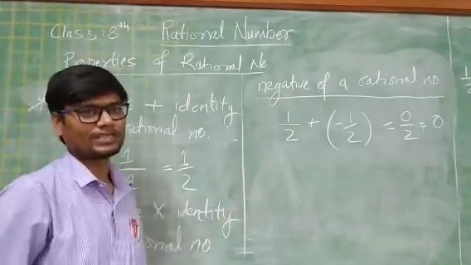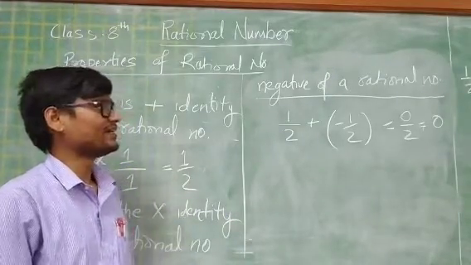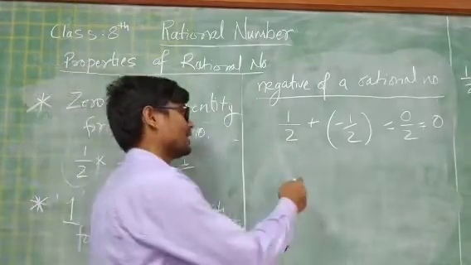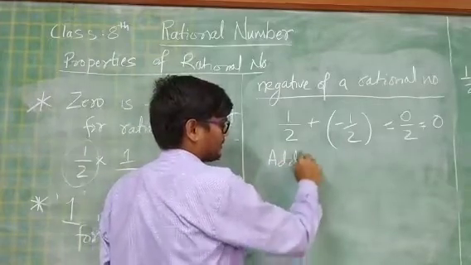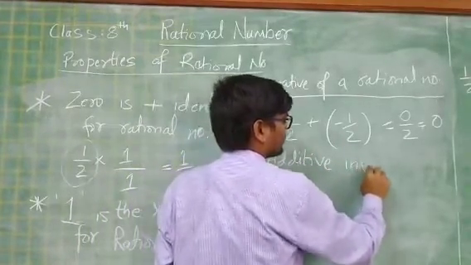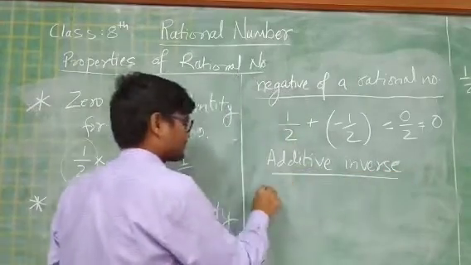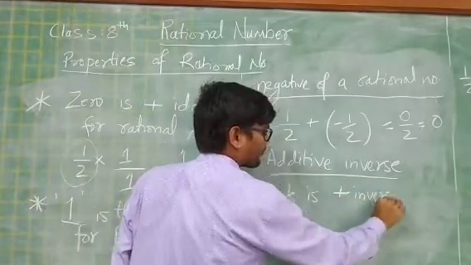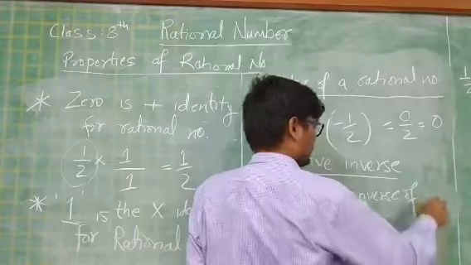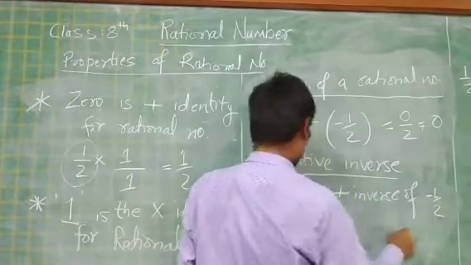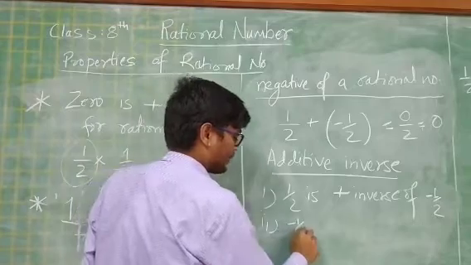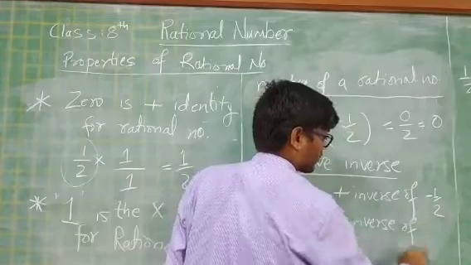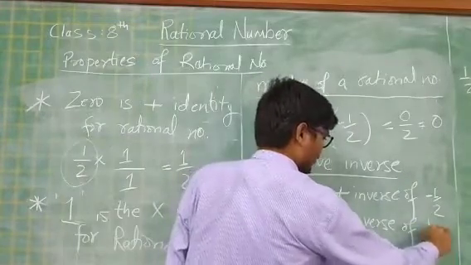Since when we add these two rational numbers we get the additive identity, we call them additive inverses. 1 by 2 is the additive inverse of minus 1 by 2, and minus 1 by 2 is the additive inverse of 1 by 2.